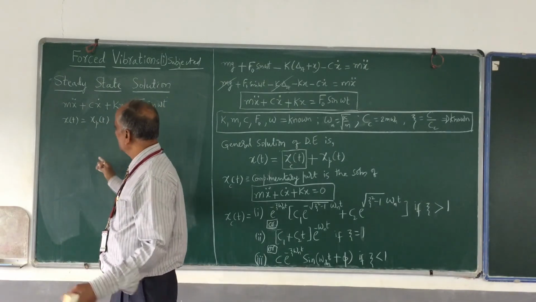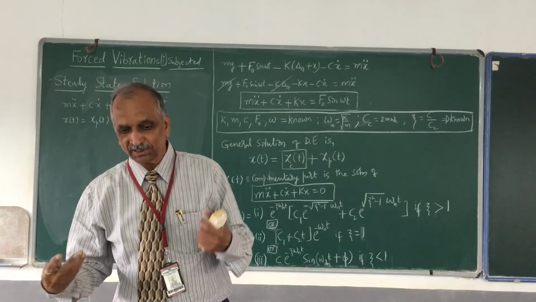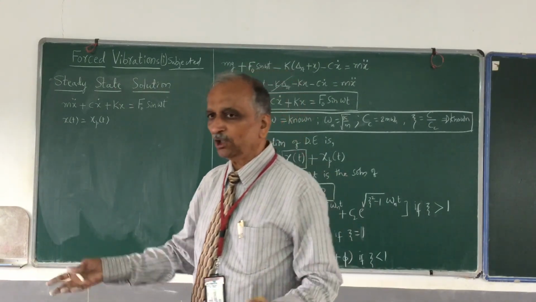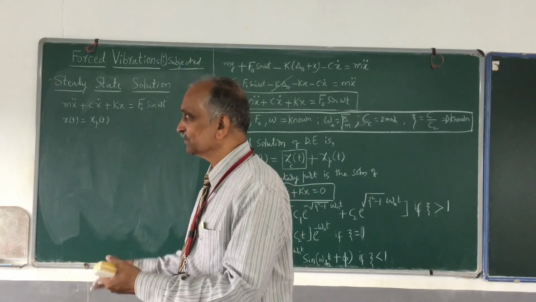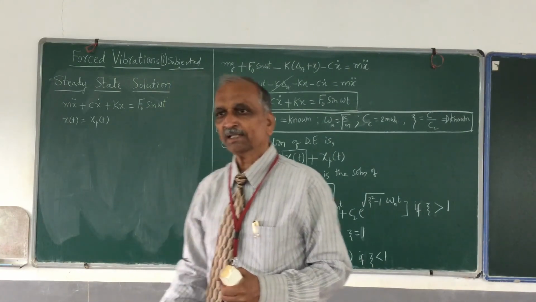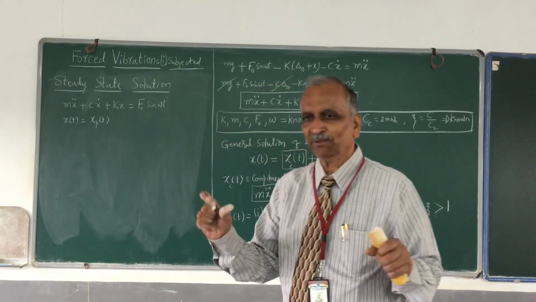Okay, so now I want to make some logic and assume certain things logically. I shall assume a value for the expression for xp of t, and then I substitute that back in this equation, and then I shall solve it. The solution also is a typically different method.